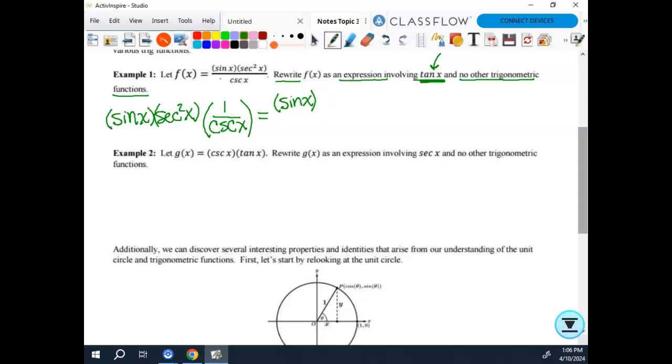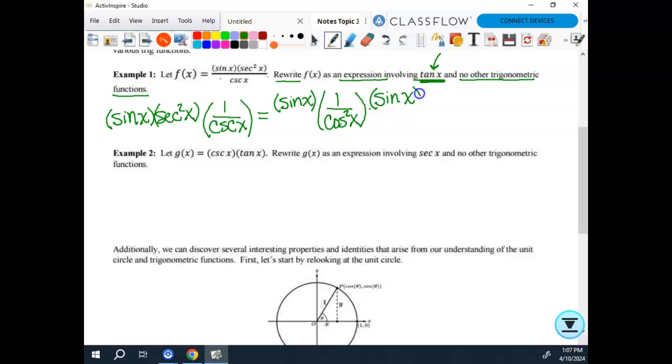Then what is the reciprocal of secant? Cosine. So secant squared I can change to 1 over cosine squared. And then what is the reciprocal of cosecant? Sine. Okay, so I'm going to change 1 over cosecant to sine of x.